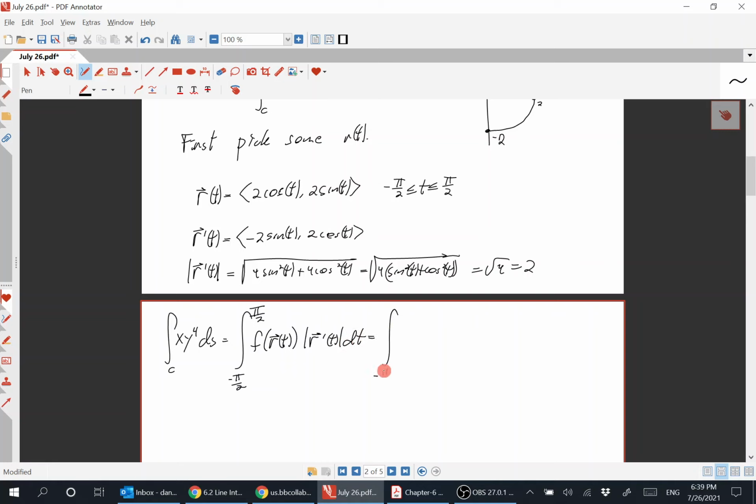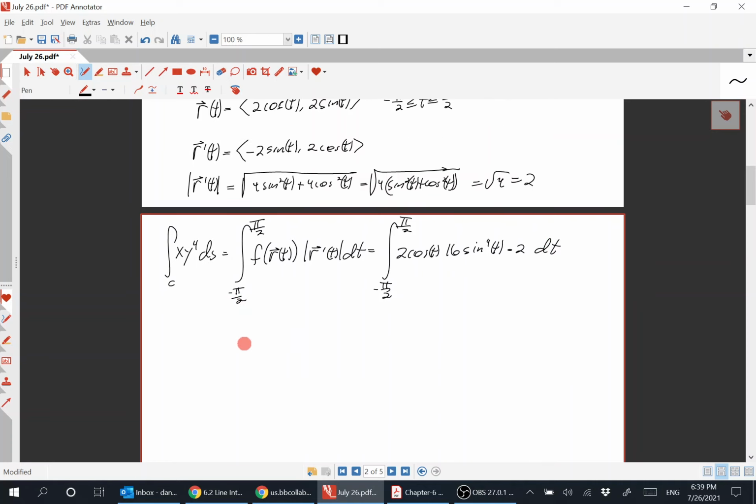So f of r of t, we have the function xy to the fourth. x is 2 cosine t. y to the fourth is 16 sine to the fourth t, times the length of r prime, which is 2, dt. So 4 times 16 is 64, integral from minus pi over 2 to pi over 2 of cosine t sine to the fourth t dt.